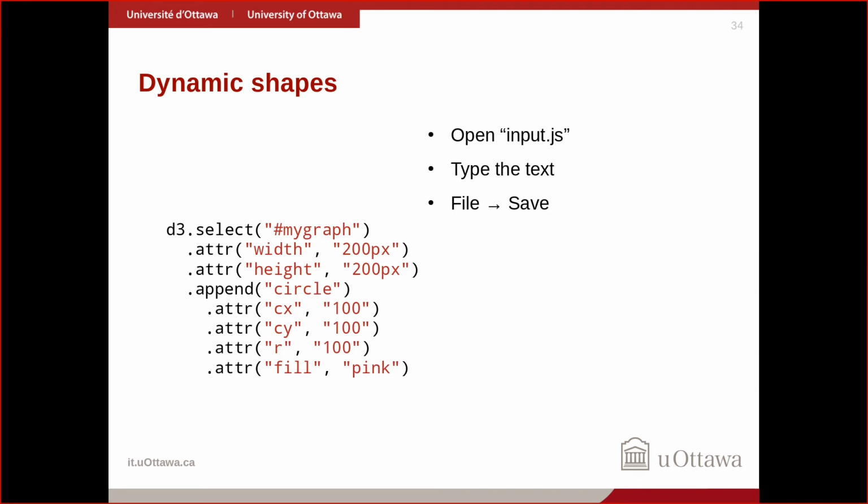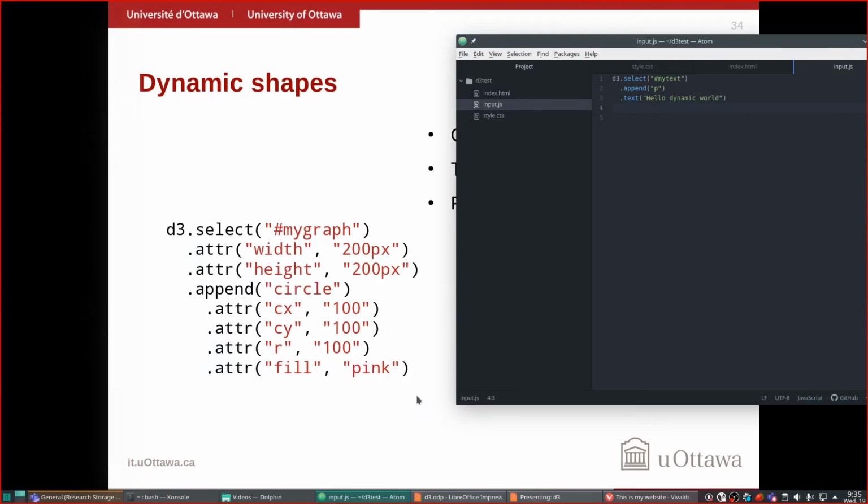And we can do the same with shapes. So this whole bunch of text is going to make another circle, a pink circle this time. So we're going to go back to the editor, and this is still in input.js. So now D3, select my graph, because now we're going to use the SVG element.